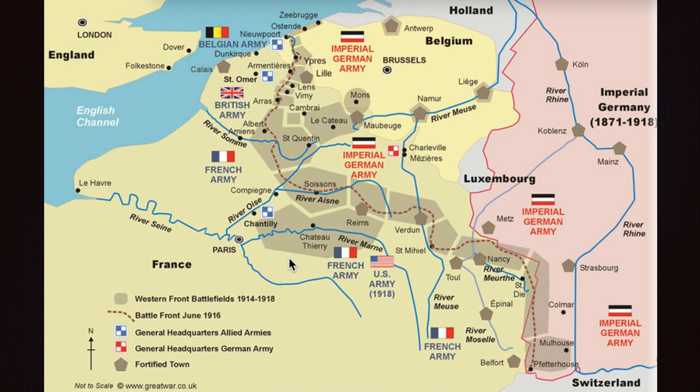I'm sorry, for 4 years. Where's my math? For about 4 years. So if you can imagine just sitting across from another army and fighting them in a dirty, nasty, stinky trench for 4 years, that is World War I.